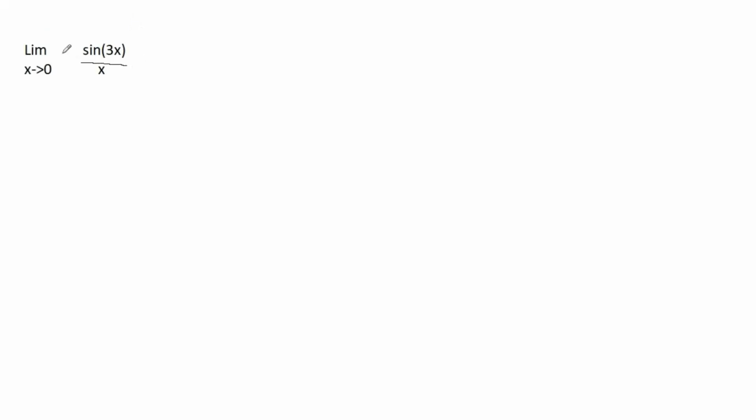Now, this one deals with some trigonometry, and we need to actually know a property before we understand what to do with this. So, the limit of sine of x over x as x approaches 0 equals 1.